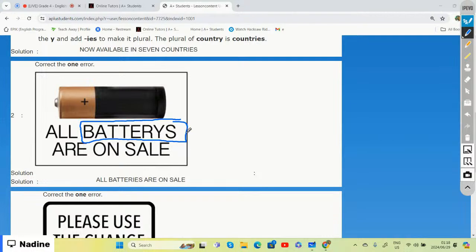But if we're referring to more than one battery, then we write it batteries. So all batteries are on sale, meaning all batteries. Batteries are on sale.